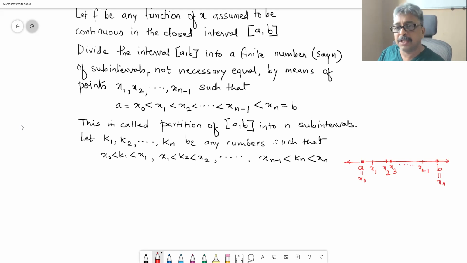Basically we are partitioning the interval a comma b into how many parts? n parts. n minus 1 points between a and b gives us n parts, and then we are taking any point here as k1, k2, any point, k3. Okay, this is the meaning of whatever we have written so far.